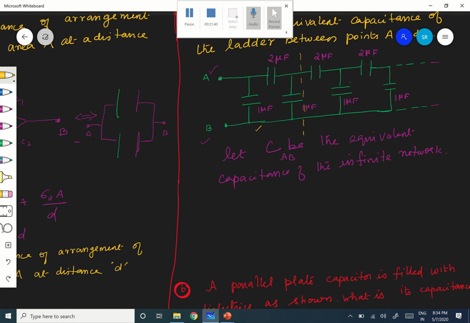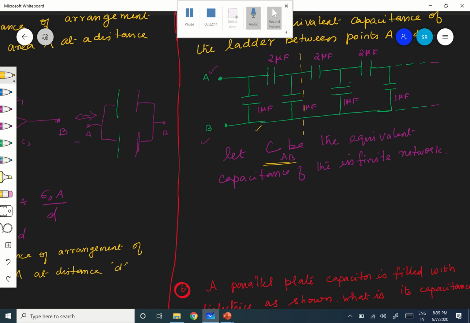Are you following? It keeps going on and on. So let CAB be the equivalent capacitance of the infinite network. Now I keep only the first segment and cut everything else. That is also infinity only, so its equivalent capacitance should be CAB only, because adding one segment is not going to matter at all. Are you following? This is how you have to solve infinite network problems.